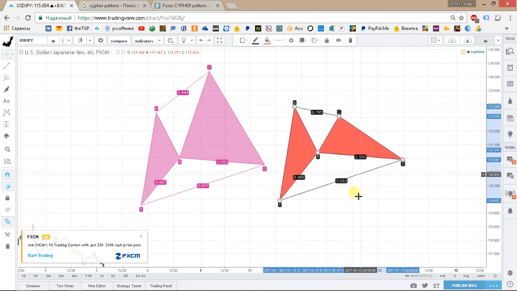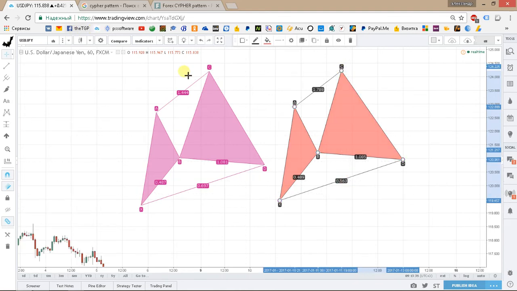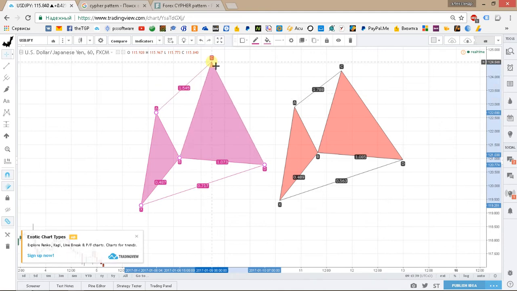And of course the D point completion is 786 of XA as well. It doesn't matter if you have an extension or something here. You see that ratio does not change its value, because here the ratio is X to C ratio, and here the ratio is X to A ratio.